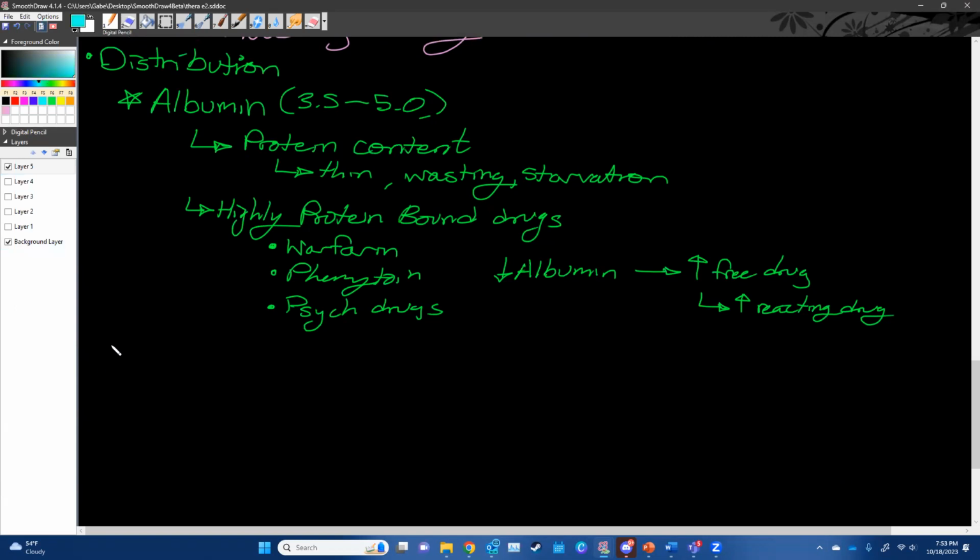For metabolism, we have learned all about the different kinds of reactions, phase 1, phase 2. But really, where we care about mostly with drug interactions has to do with the CYP system.